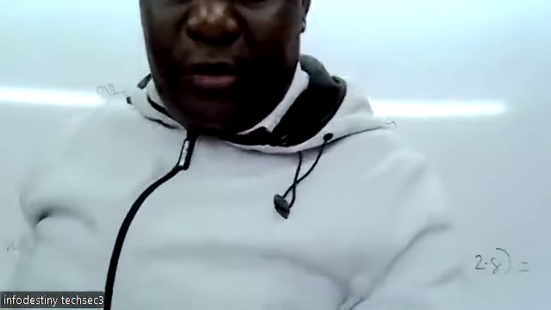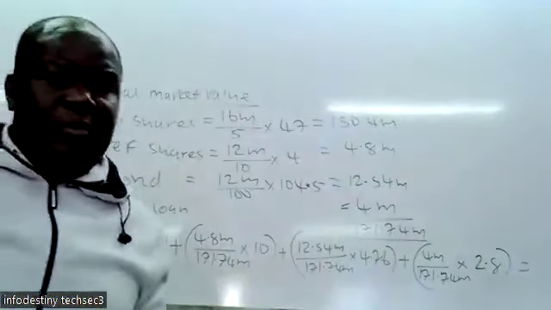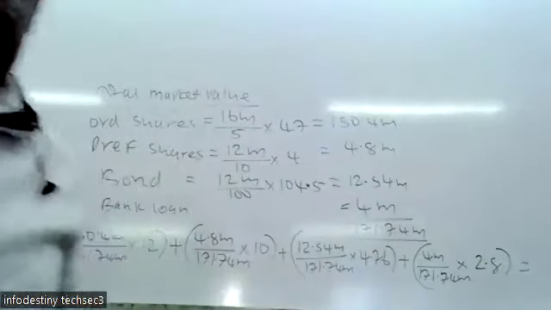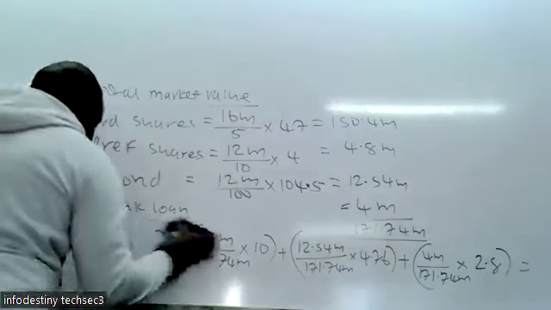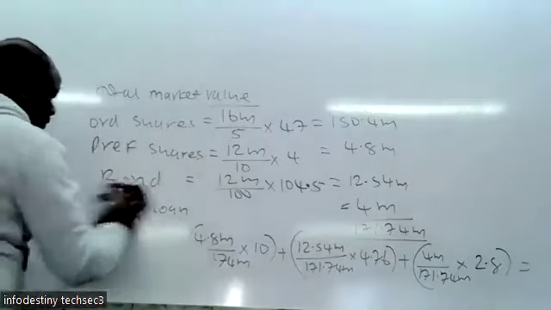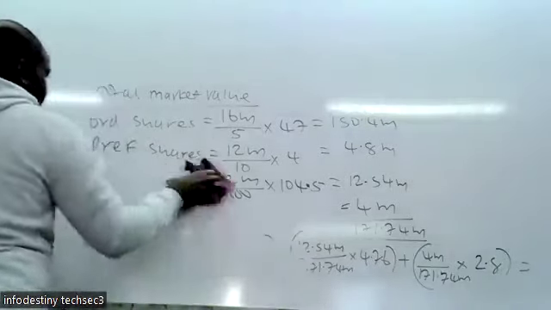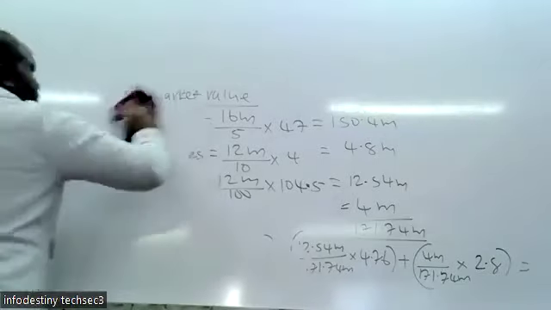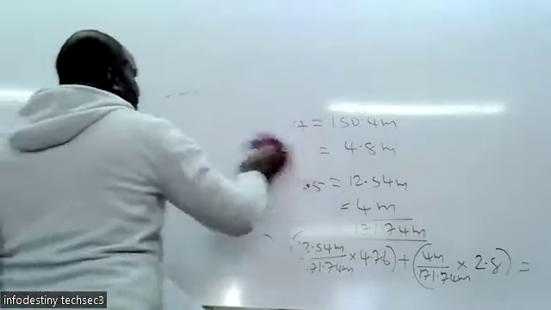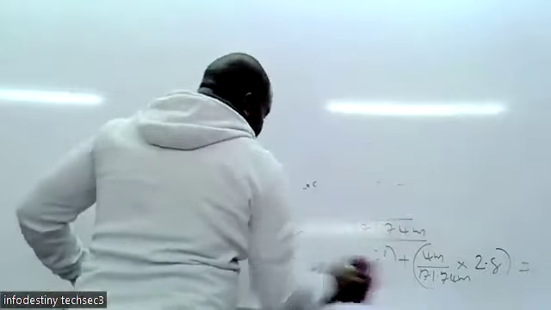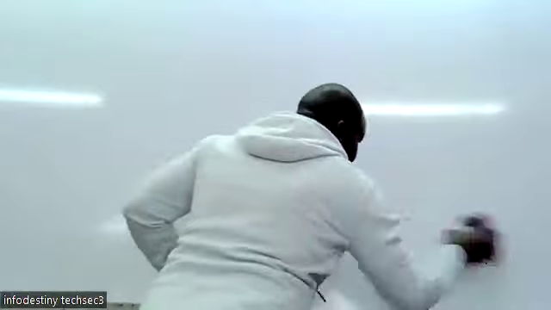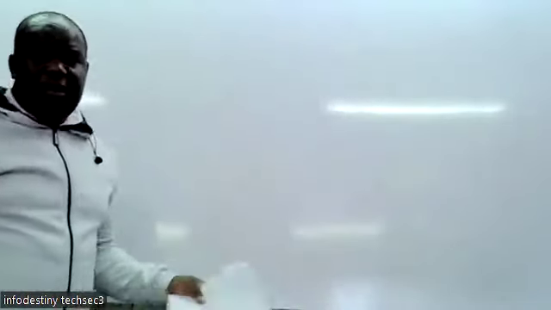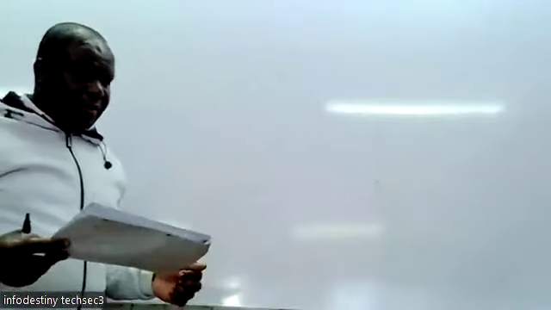The first thing is to compute the cost of the ordinary share, which requires the growth rate.